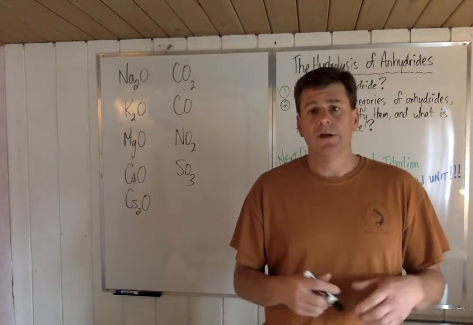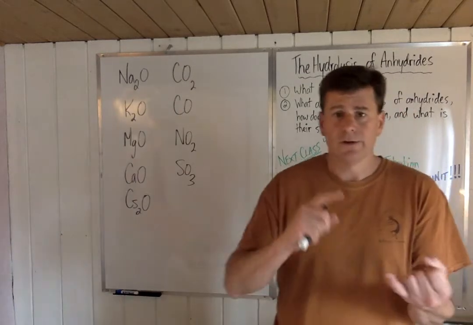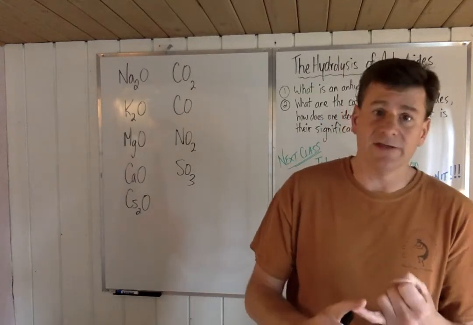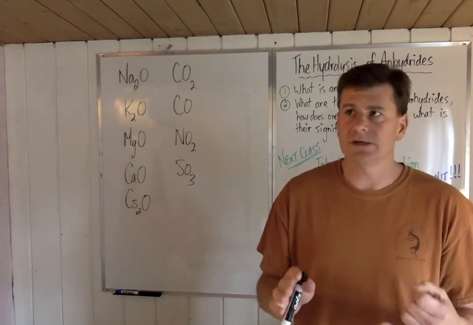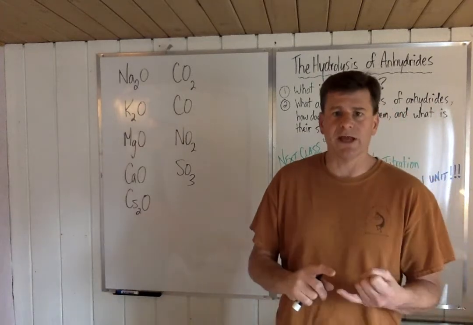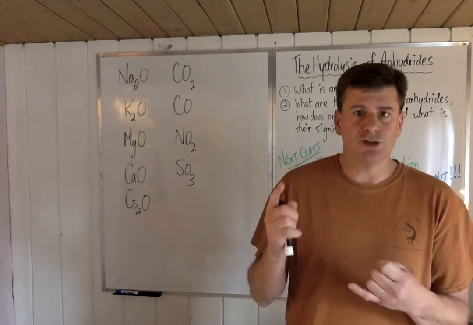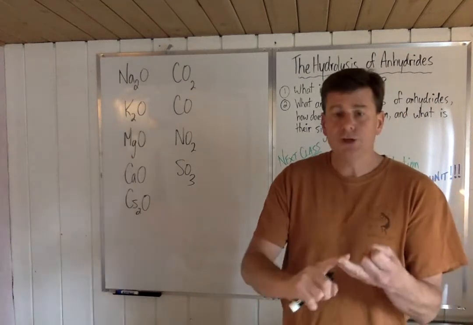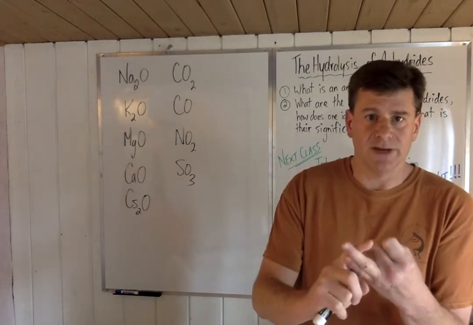Okay, so that concept, first of all, one, how are you going to identify these anhydrides? For Chem 12 purposes, let's keep it simple. They're always binary compounds, so two types of elements. Two, they always have oxygen on the right-hand side.